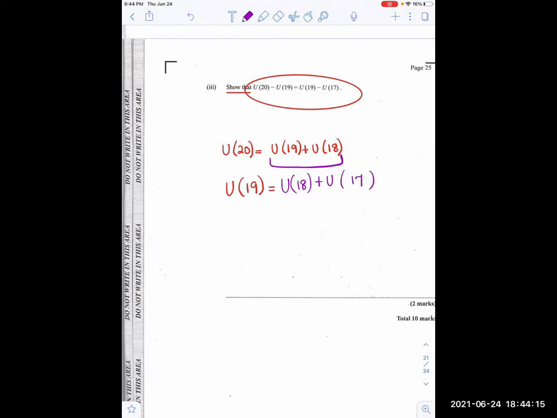We start again. U20 minus U19. U20 is simply U19 plus U18, take away U18 plus U17.